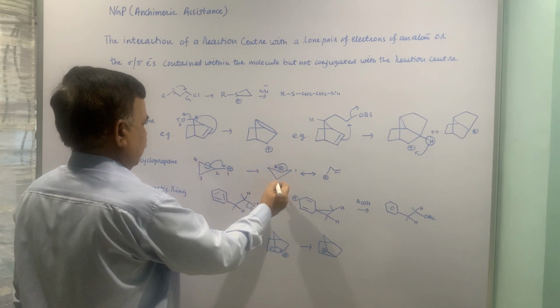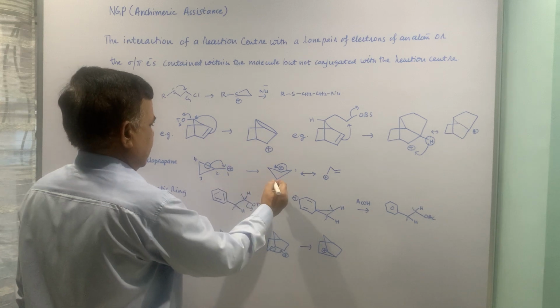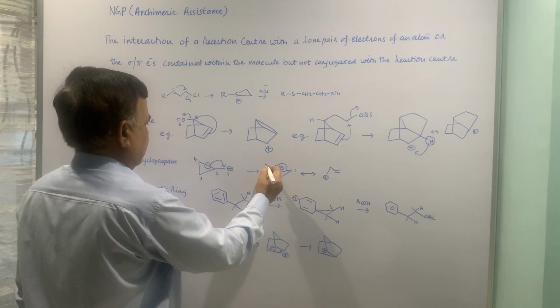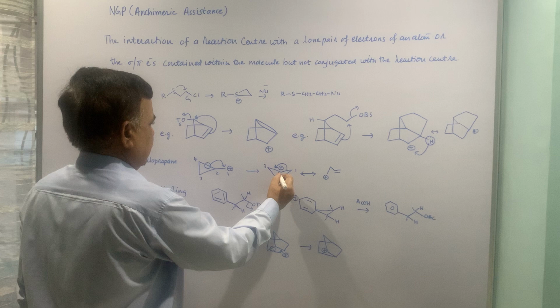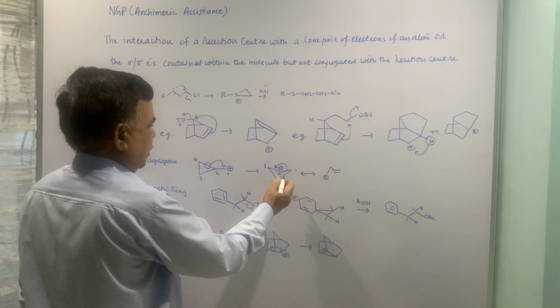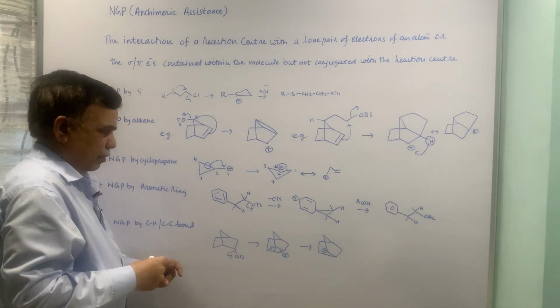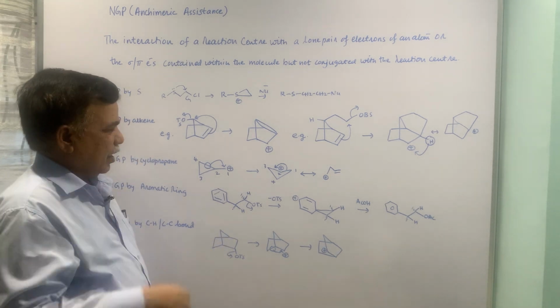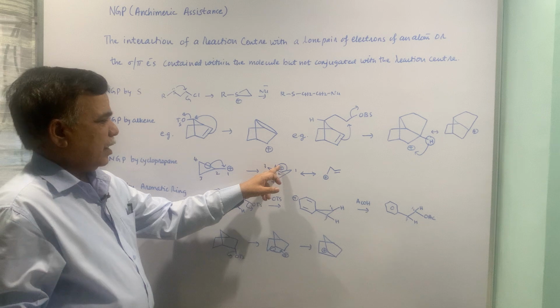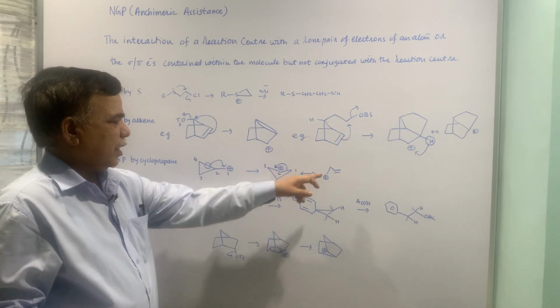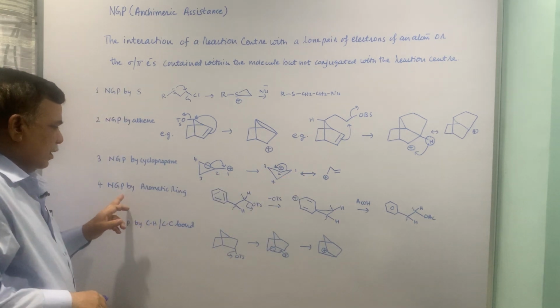So 1, 2, 3, 4. So a new bond between 1 and 4 is there. I'll put 4 here, 3 here, this is 2, and when this sigma bond breaks heterolytically to compensate this charge, then you can get this kind of thing.